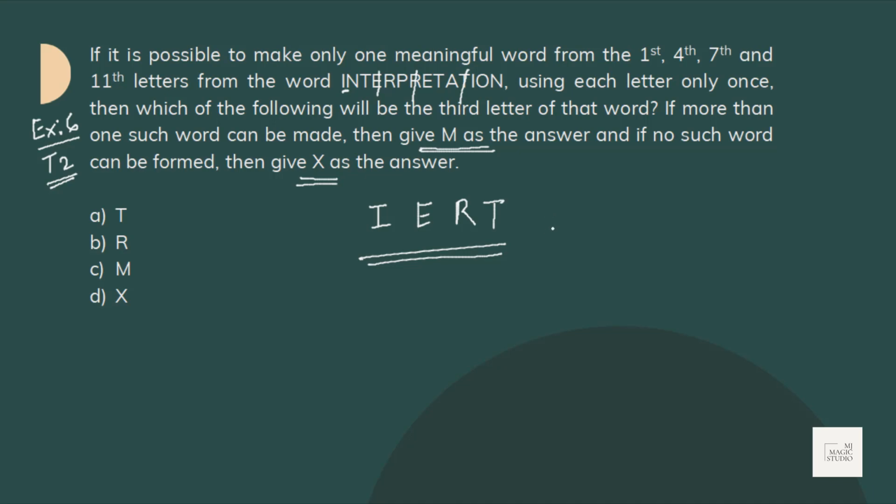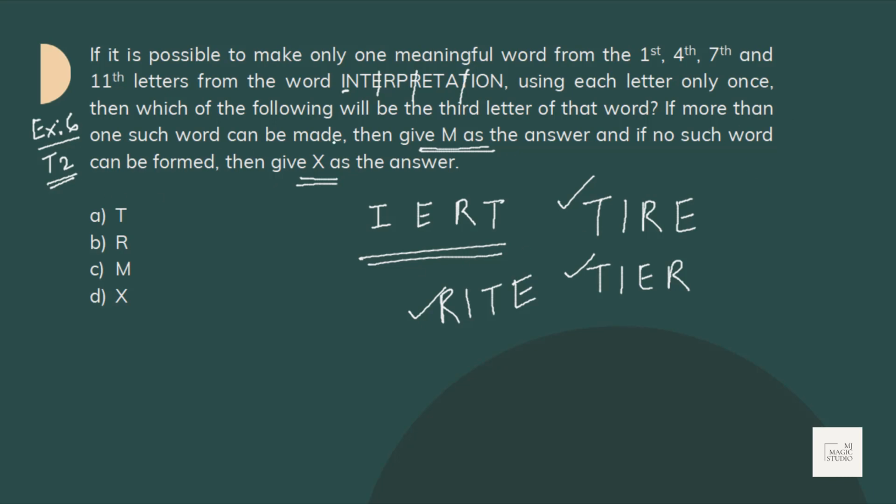Okay, clearly I can make T-I-R-E, tire. We can also have tier, and I think one more I can form, R-I-T-E. I can form 3, and all 3 are meaningful words.